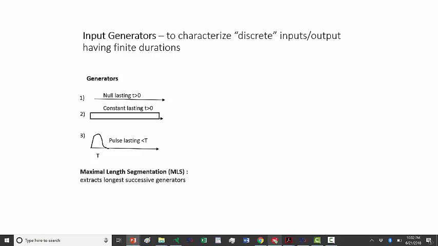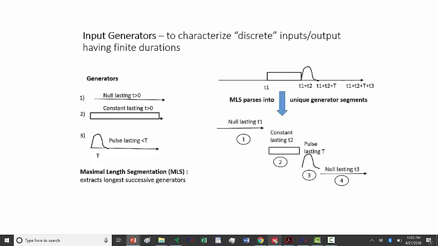So the ability to put these generators together, one following the other, to concatenate them, allows us to represent events that stream over time, but which have durations and forms and profiles to them.